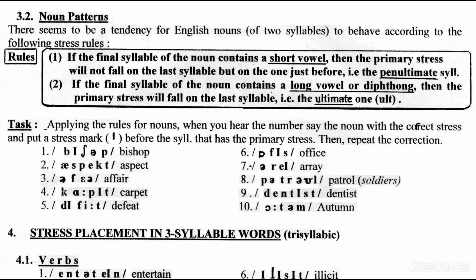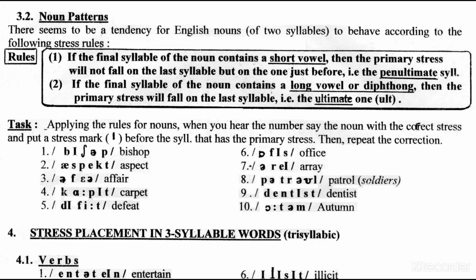Again, I repeat, another rule to be added to nouns, which is rule 2C. It says, if the noun has 3 syllables, not 2, and the last syllable contains a long vowel or diphthong, the stress is on the antepenult, that is the third from the end.